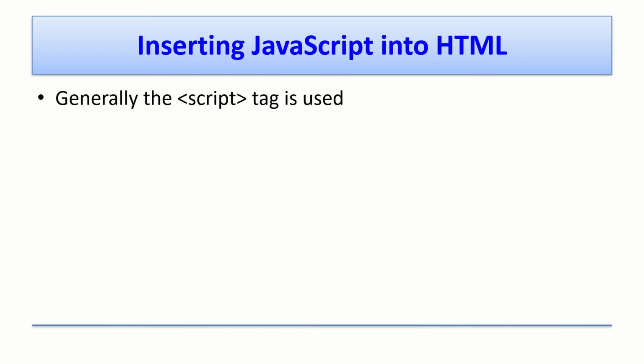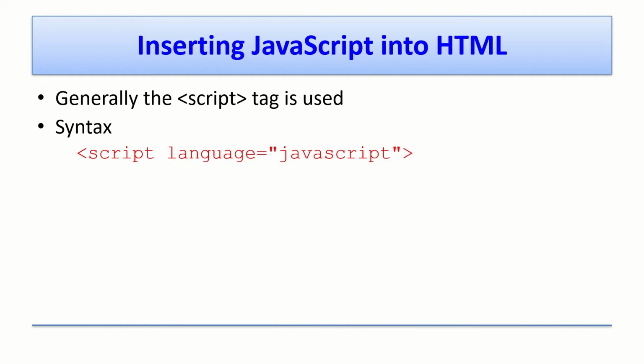Generally, there's a tag called script, which is the tag used for creating JavaScript. This is how we use it. In a script tag, there is an attribute called language.